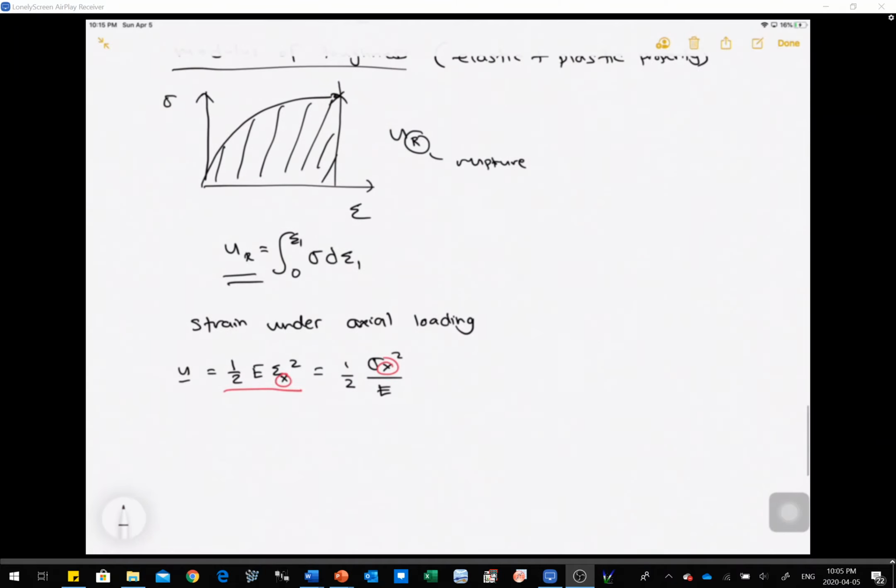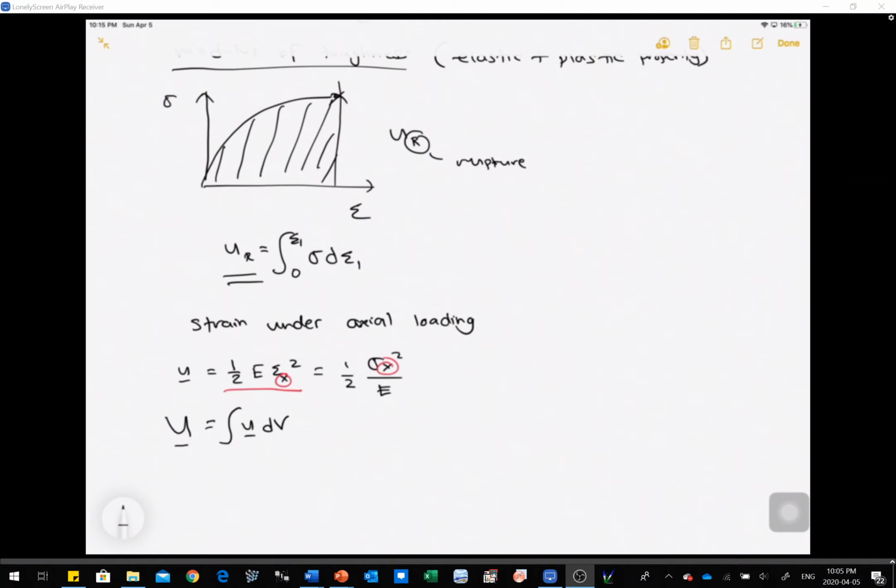Now that's the energy. Now we have to define our strain energy U. Note that for U we can say that it's the integral of our small u times dV. So basically your strain energy density is equal to your energy itself divided by your volume, so it's the same thing.